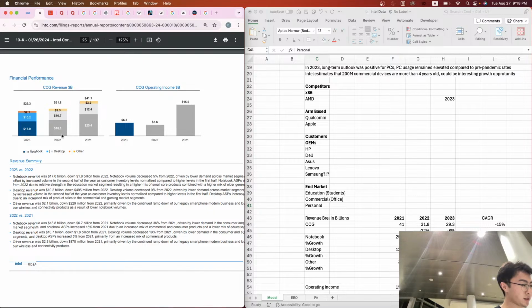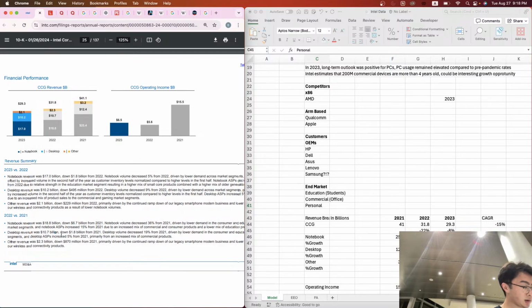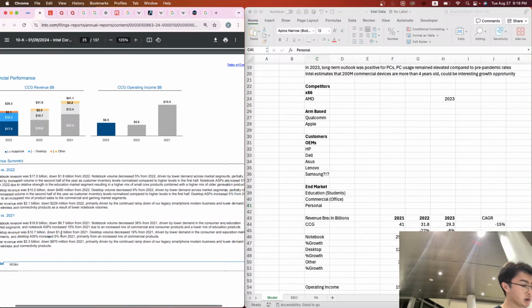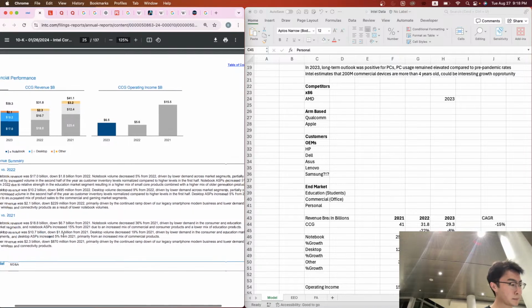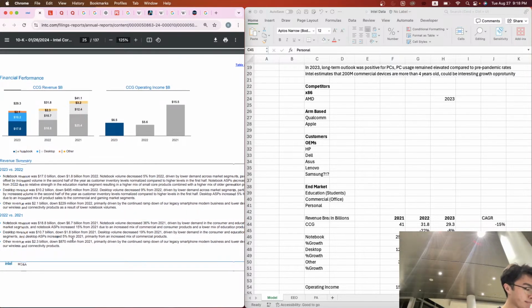Really, notebooks increased 2022 versus 2021. Oh, ASP, average selling price.